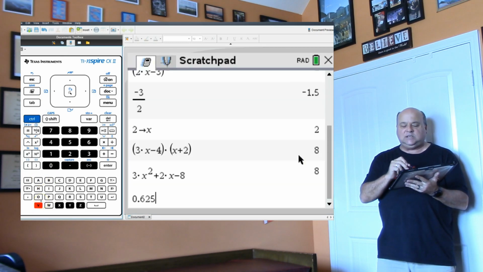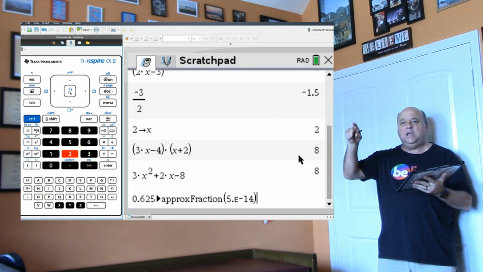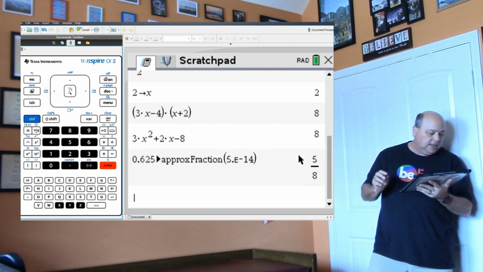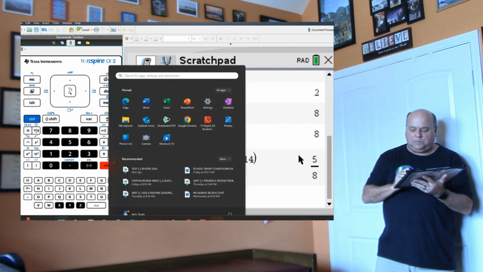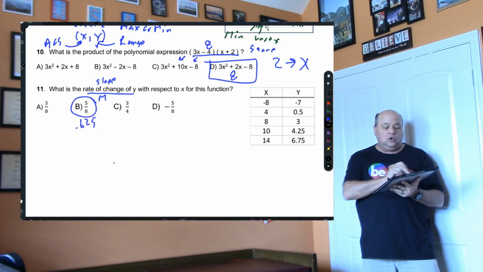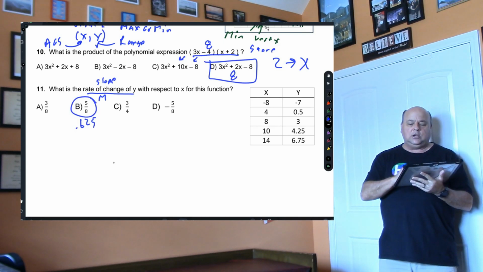Now that I got my 0.625, menu, number, approximate the fraction, menu 2, 2, enter, and that 0.625 is 5/8. And 5/8 is choice B. So choice B is the 0.625. That's going to be the right answer. You could make all those fractions decimals too, couldn't you? Okay, so either way you can do this.